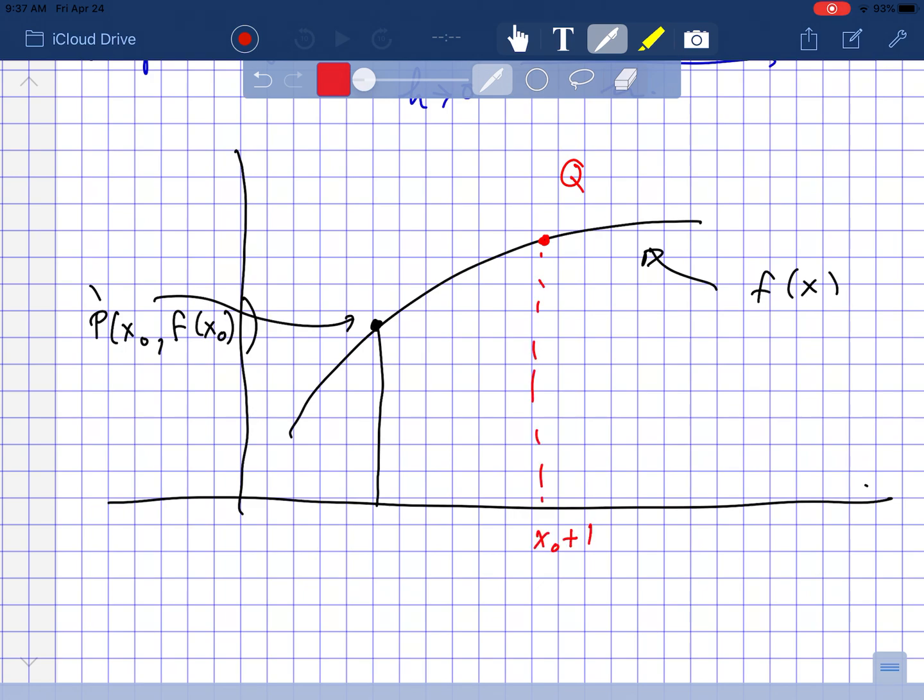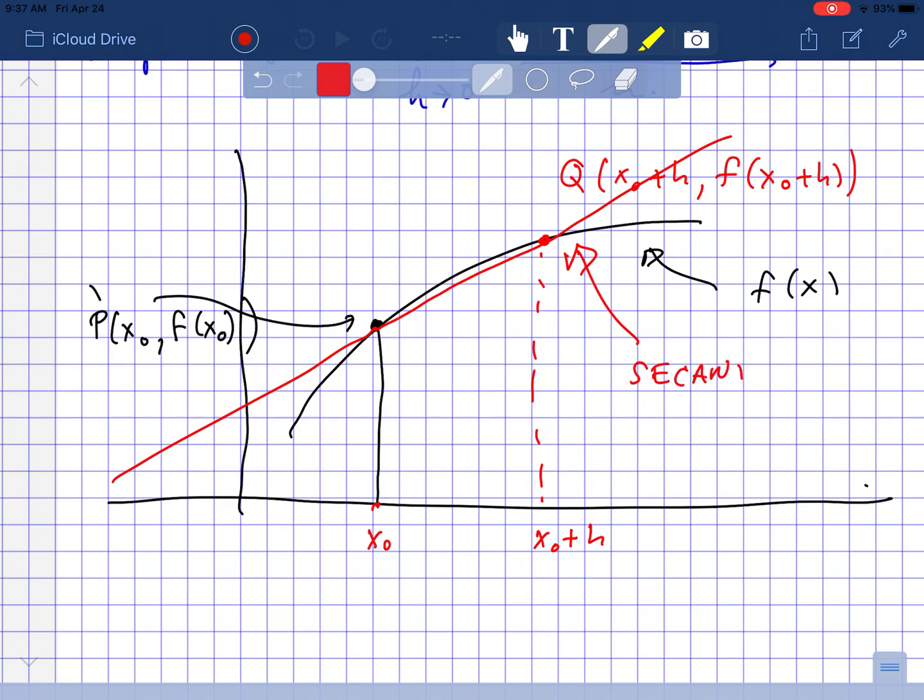And the x-coordinate of the point Q is x sub naught plus h. And the y-coordinate is just f of x sub naught plus h. This is x sub naught down there. And I have this line. So I have a line determined by these 2 points. And this line is the secant line PQ.